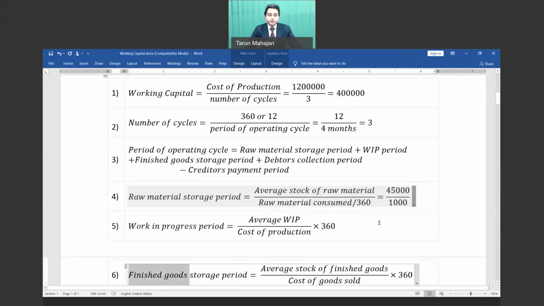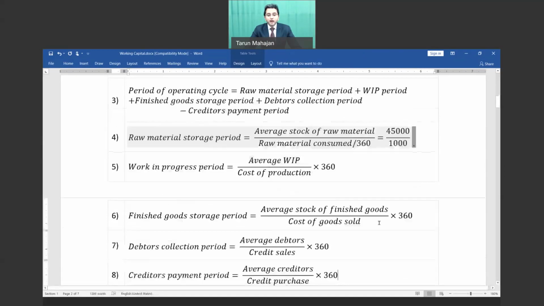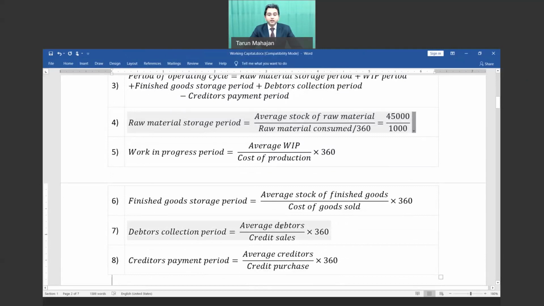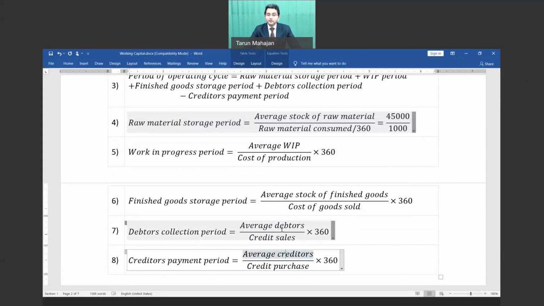In case of finished goods, it is average stock of finished goods. But in the denominator, you don't have a cost of production now, you put cost of goods sold. In case of debtors, yes, average debtors are there in numerator and you put credit sales in denominator. In case of creditors period, you put average creditors in numerator and credit purchase in denominator. So that is how you calculate each individual period.